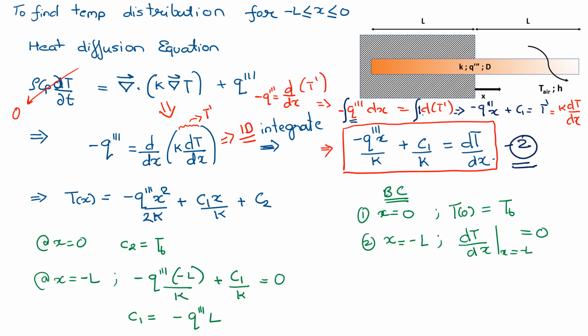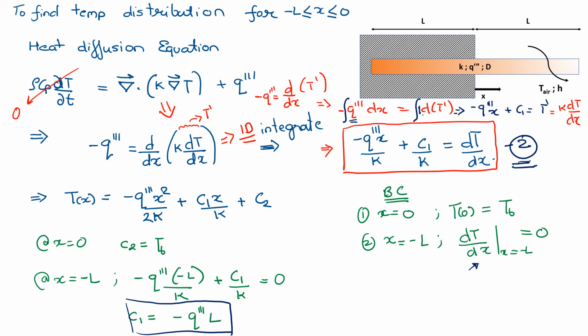Because we need to find the value of dt by dx at x equal to minus L, I'll directly use equation 2 and substitute x equal to minus L. So in that scenario, I'll get C1 equals minus q triple prime times L.